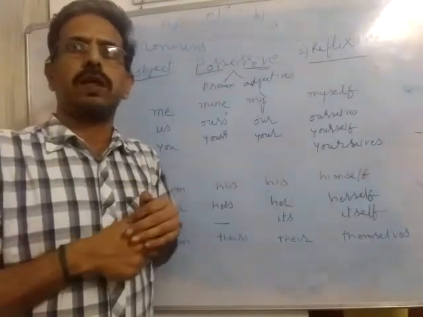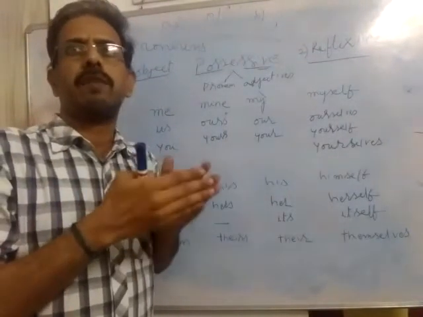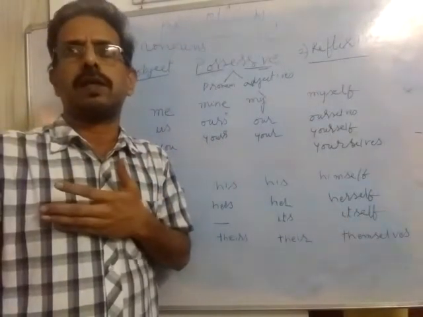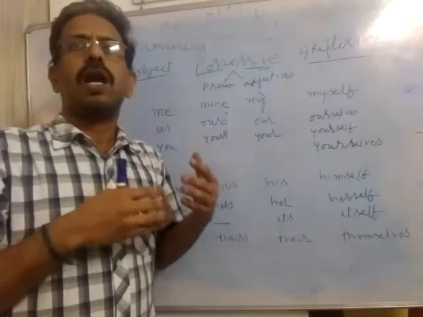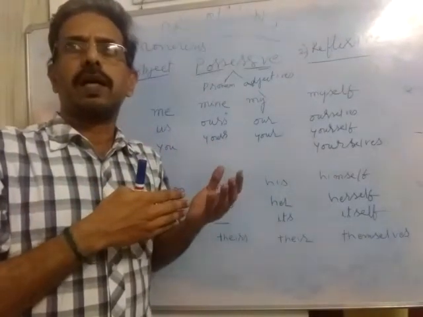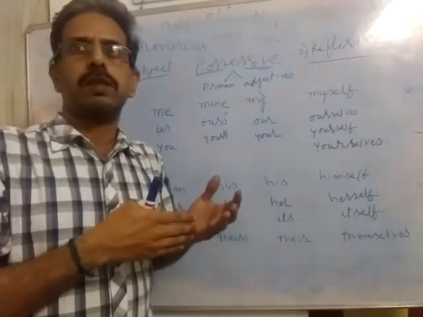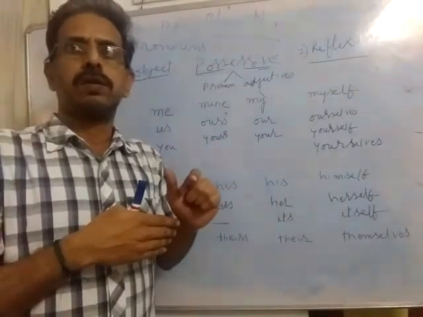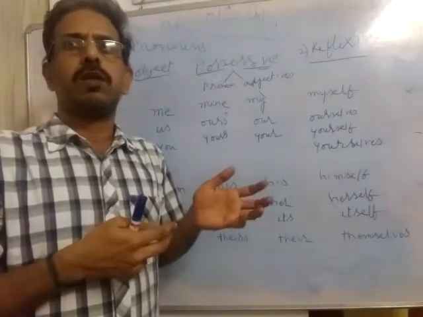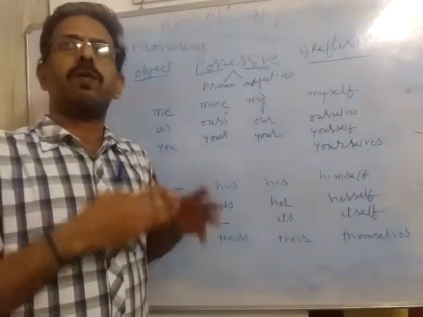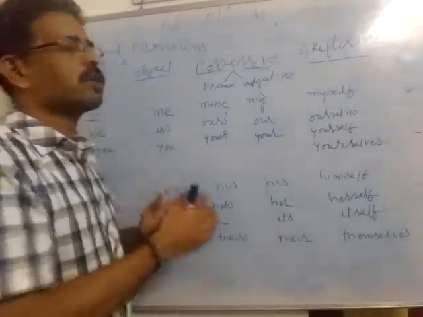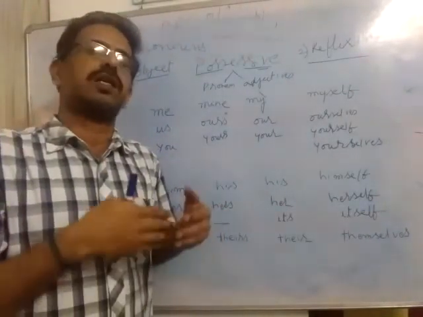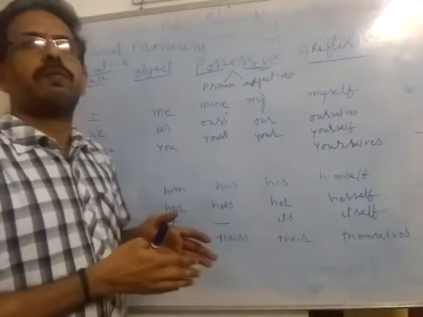Instead of saying I love my sister very much, I am replacing sister with her. So if you are using any words instead of a common noun, proper noun, material noun or something else, they all come under pronouns.